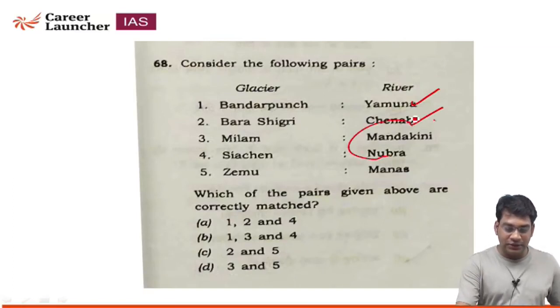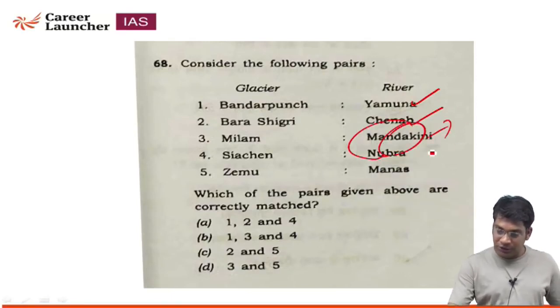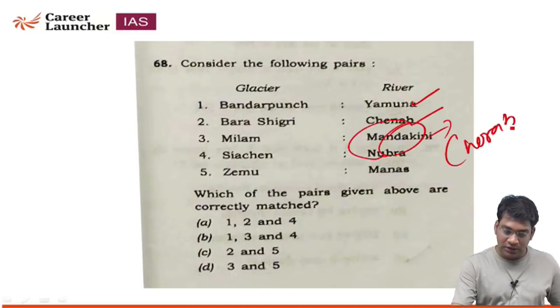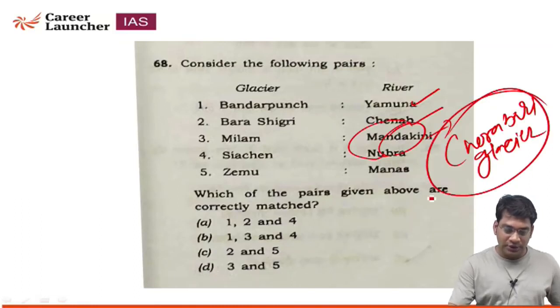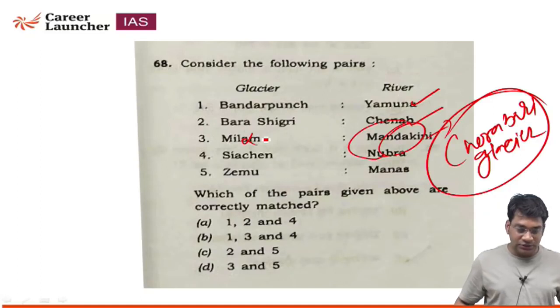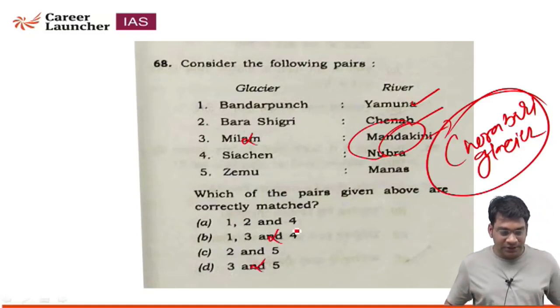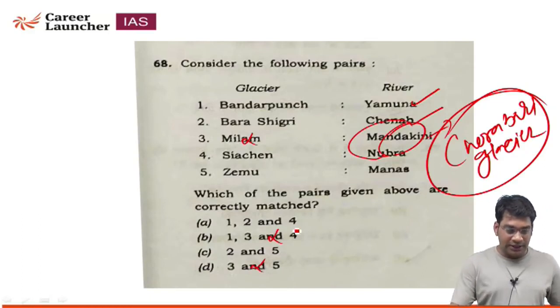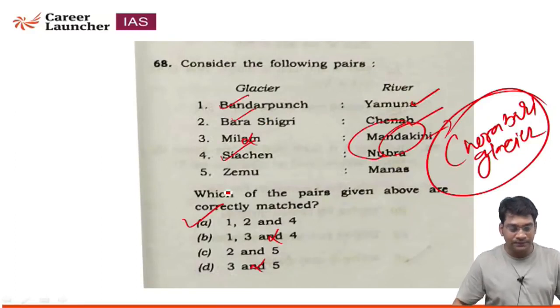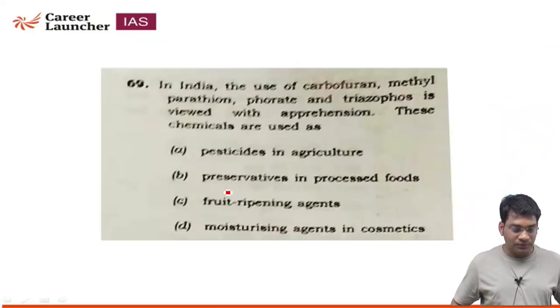The Mandakini river basically originates from the Chorabari glacier, so pair number 3 is not correctly matched. So option C, with 3 in it, is eliminated. Siachen, Nubra river, correct. So statements 1, 2 and 4 are correct, and option A is the correct answer for this question.